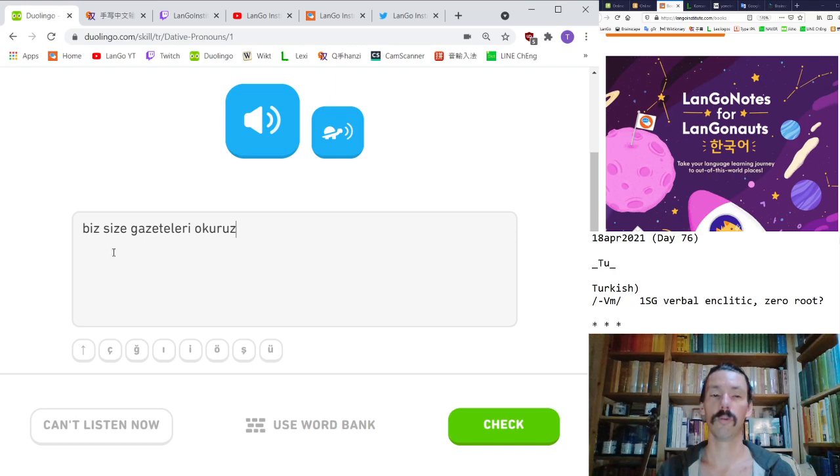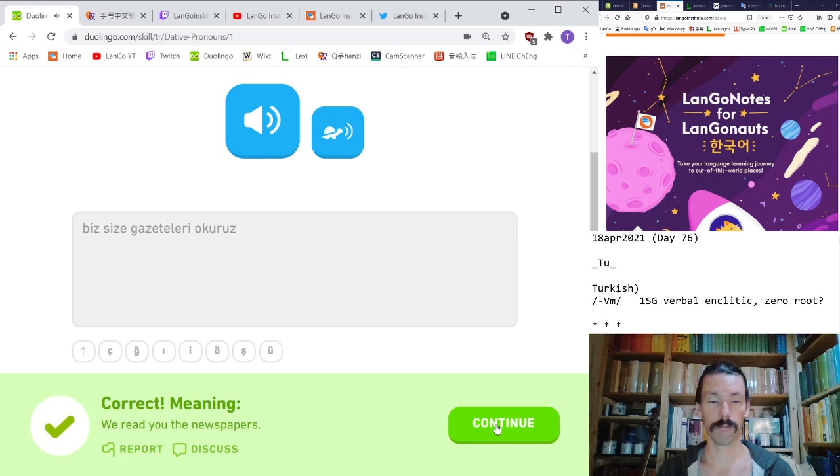So we read, and the uz harmonizes with biz. It agrees with it. To you plural: size. The newspapers. Gazeteler for plural, here non-human, just a plural noun. I think on a verb it would only be marked if a human third plural subject was there to agree with.